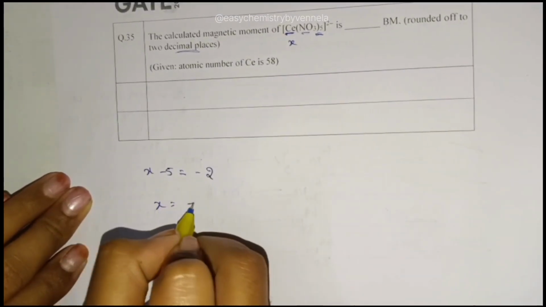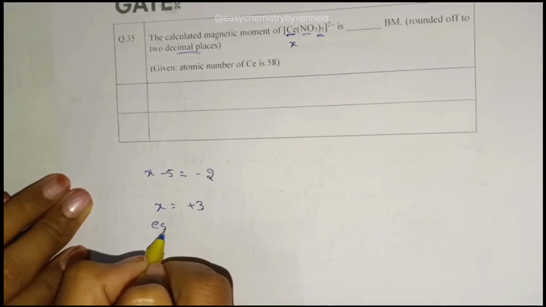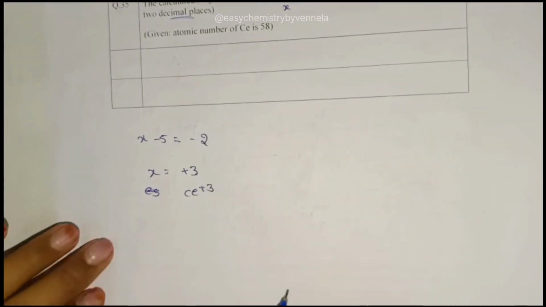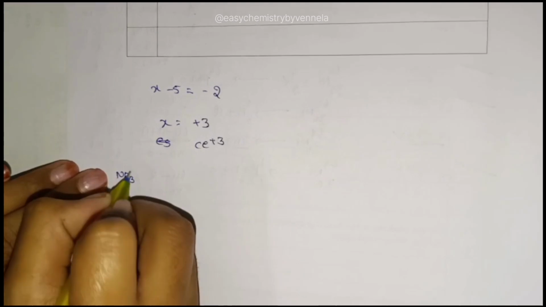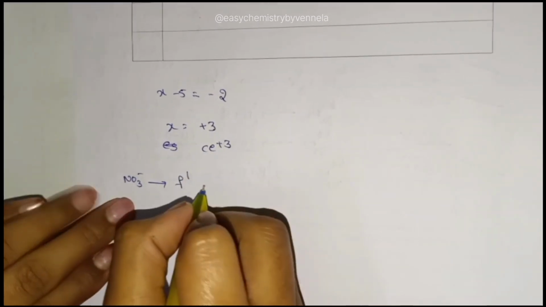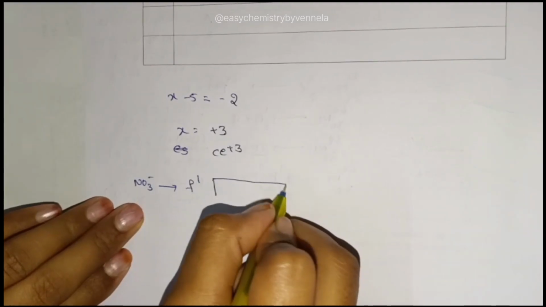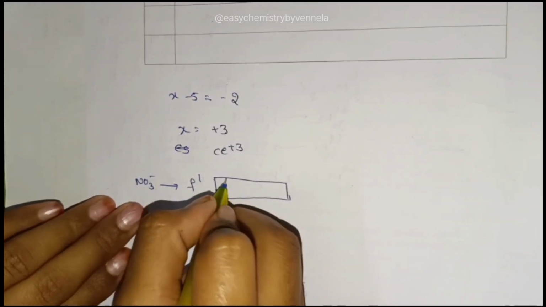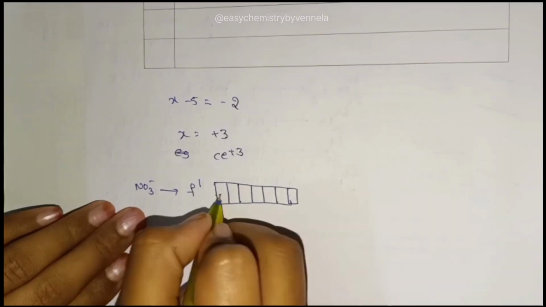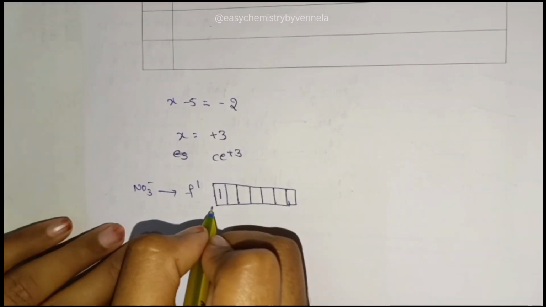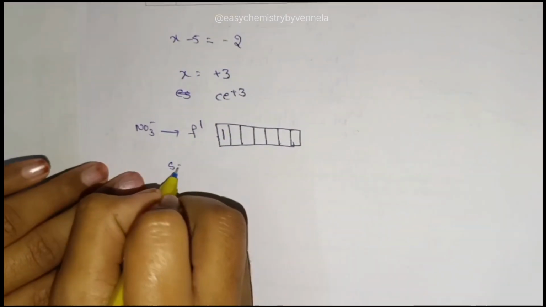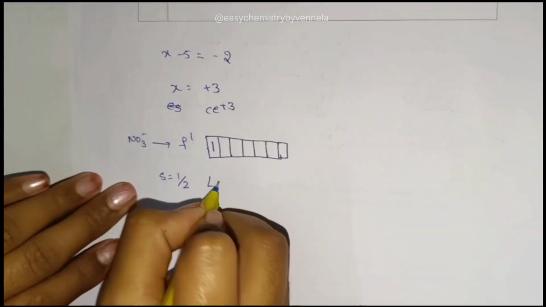So X is equal to plus 3. This is the cerium oxidation number. So next one, Ce3 plus. It has only an f1 electronic configuration. For f, only one electron in this configuration. So here S is equal to 1 by 2, L is equal to 3.